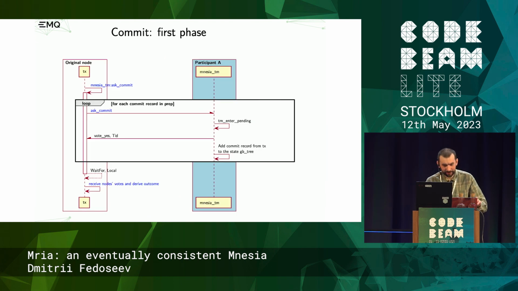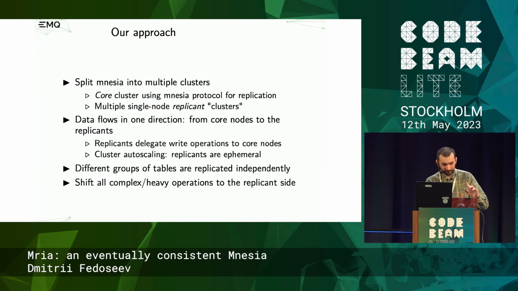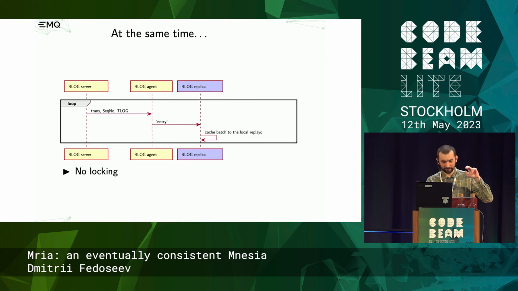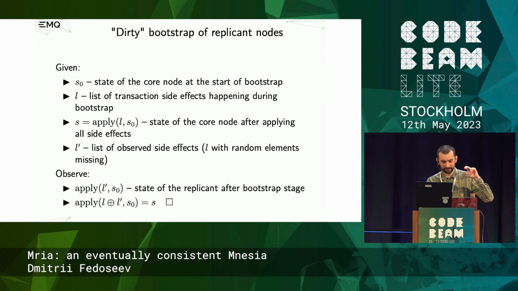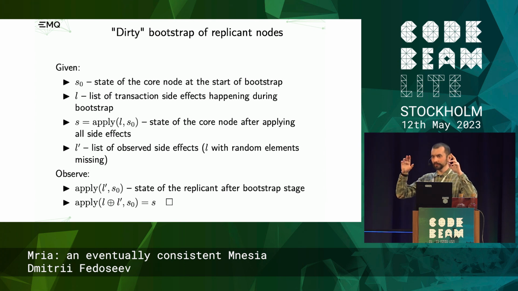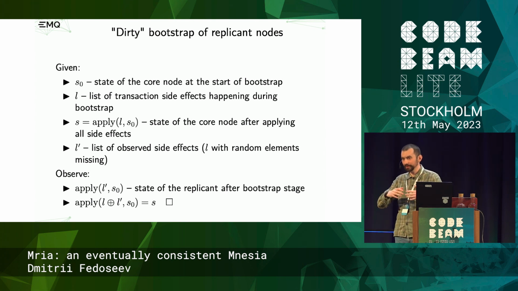Where is it? So yeah, basically, when we heal the replica by replaying the transaction log, we end up with a situation where we have a transaction log with some operations dropped from it, and we can represent this whole bootstrap algorithm as concatenating the complete transaction log with this transaction log with missing operations.